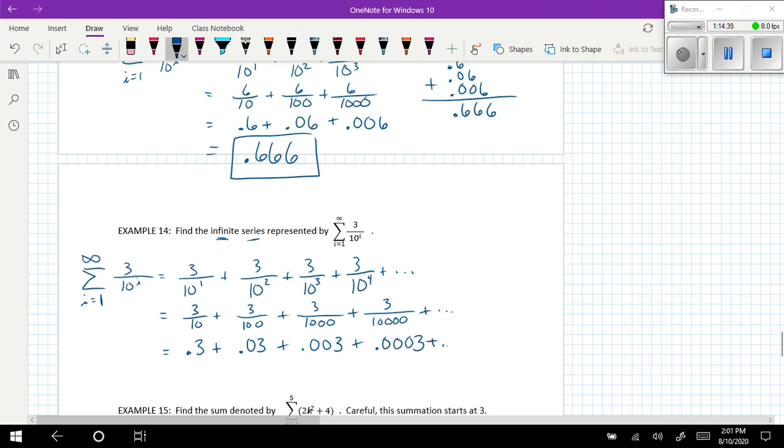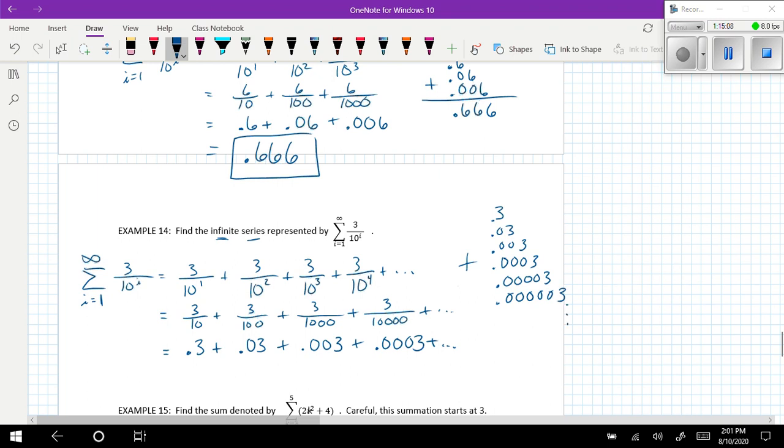And then so on. So if I go to add these up, 0.3, 0.03, 0.003, 0.0003. I can stop right there, but this is continuing down like this. I can tell you right now the next one would be 0.00003 and then 0.000003 and so on.